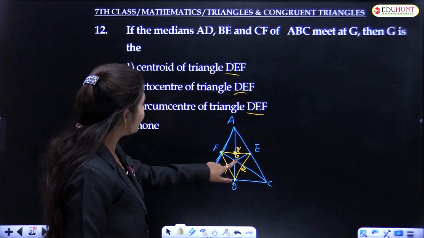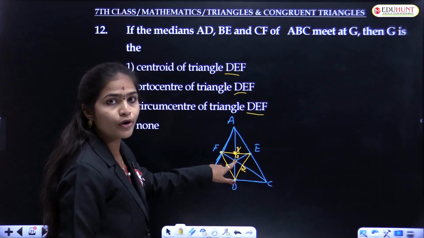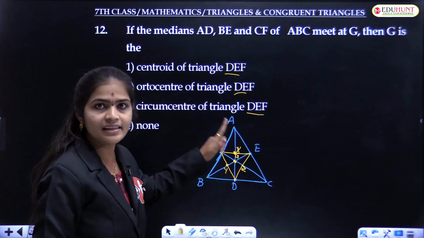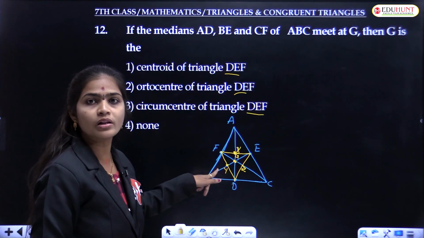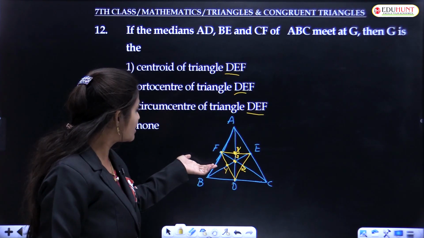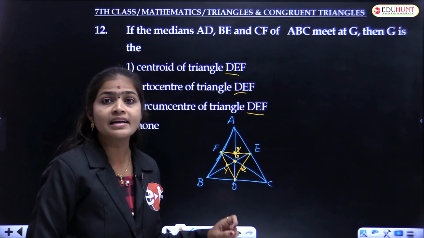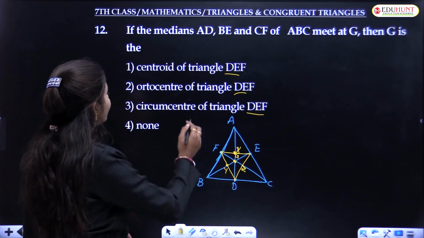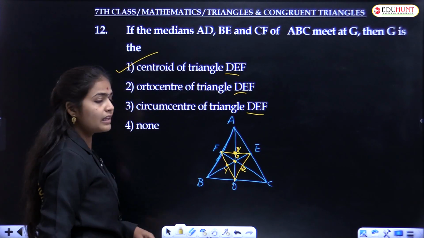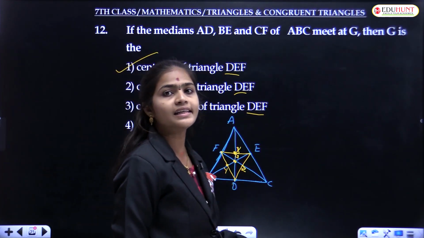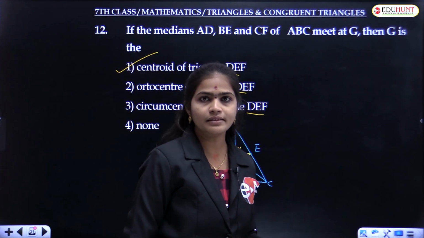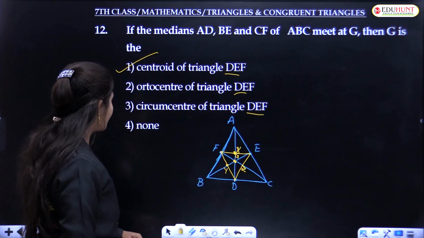So again we can observe the intersection point of the medians in triangle DEF. What will we call that point? Yes, it is the intersection point of medians only. So we call it the centroid of triangle DEF. Is it clear, children? Yes. So next one.